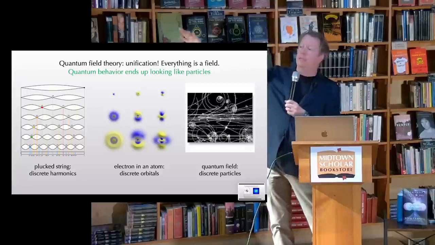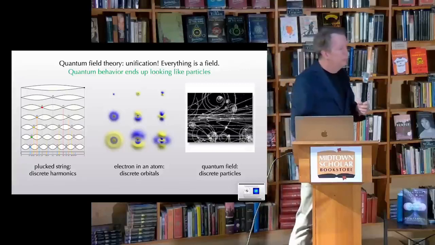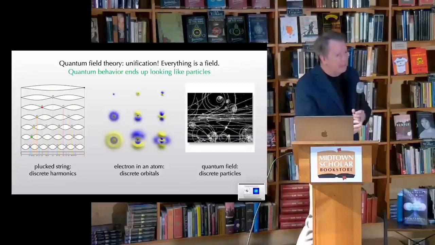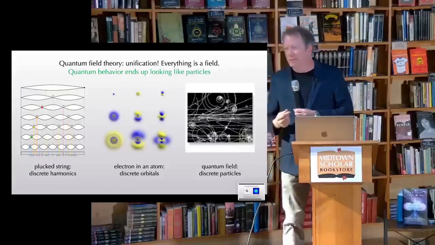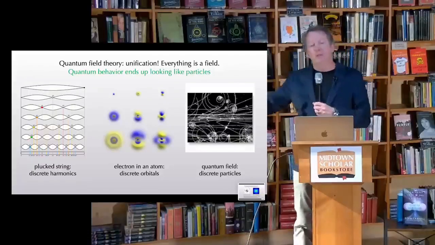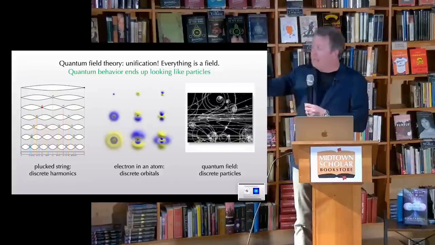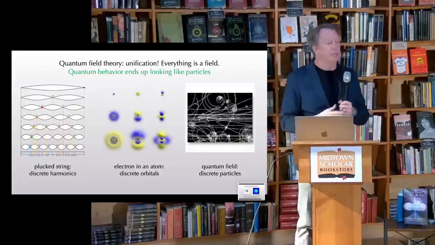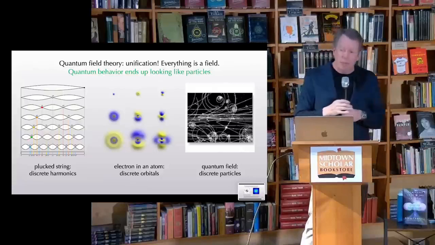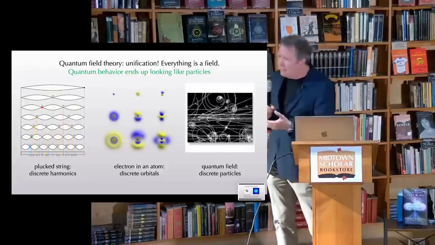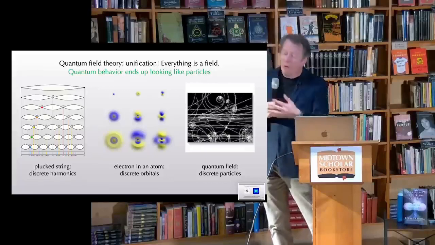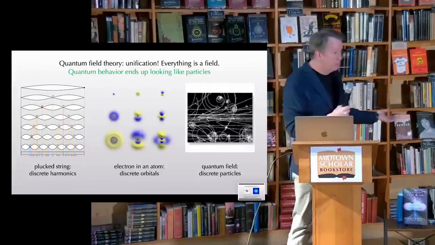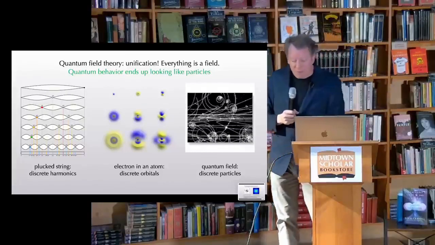The shape that the string is in could be anything at all. But in fact, the behaviors that you see, or hear in this case, of the string come in this discrete set. And any behavior can be thought of as some combination of this discrete set of ways to vibrate. So that's an example of apparent discreteness coming out of underlying continuous behavior. And that is all that quantum mechanics is about.